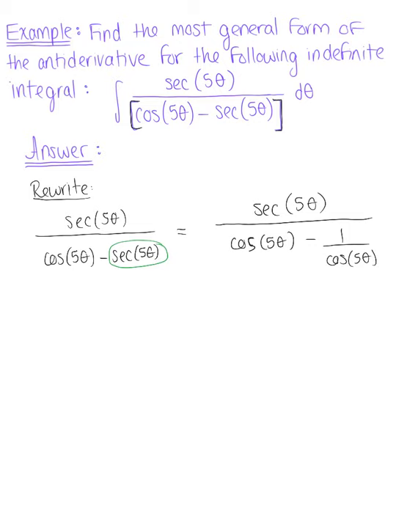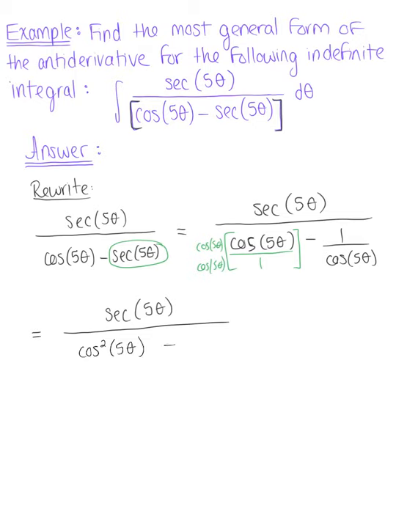Then just worrying about our denominator here, I'm going to get a common denominator. I'll think about cosine of 5 theta being written as cosine of 5 theta over 1, and we'll multiply the numerator and denominator by cosine of 5 theta. And so we can rewrite this as secant of 5 theta all divided by cosine of 5 theta squared minus 1, all over cosine of 5 theta.